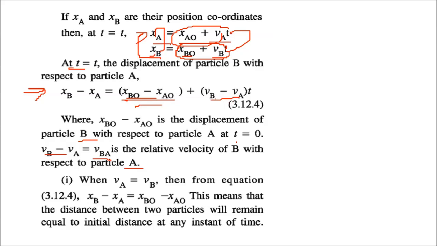Now let's take a certain scenario. When VA equal to VB, that means both have similar velocity, then this becomes 0 and we get only this equation. So XB minus XA is equal to XBO minus XAO, which means that the distance between two particles, if the velocity remains the same, will remain equal to the initial distance at any instant of time, because they are moving with the same velocity.